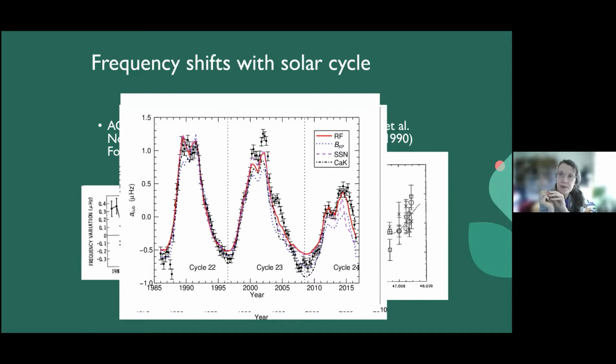And that is perhaps telling us that the sensitivity of the frequency shift to a given activity proxy may be slightly different in different cycles. And that could be interesting, because that might be telling us that the properties of the outer layers of the sun that mostly affect these frequency shifts are slightly different in different cycles.